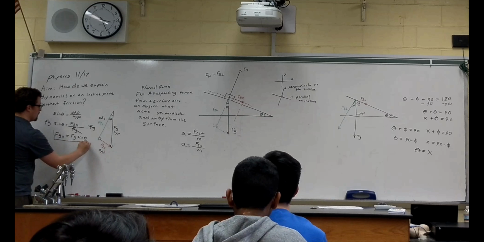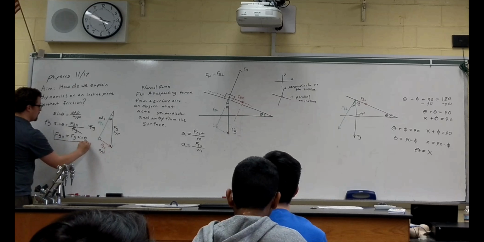The adjacent side is FG perpendicular, divided by the hypotenuse, which is FG. Again, multiply both sides by FG, and we get FG perpendicular equals FG cosine theta. That's our perpendicular guy, and that's our parallel guy.